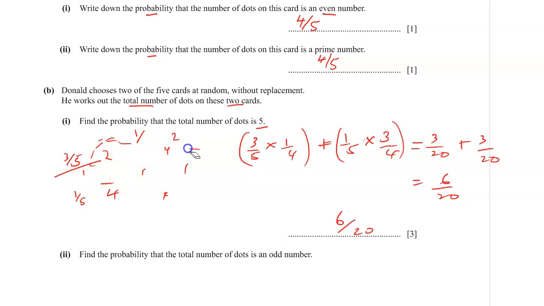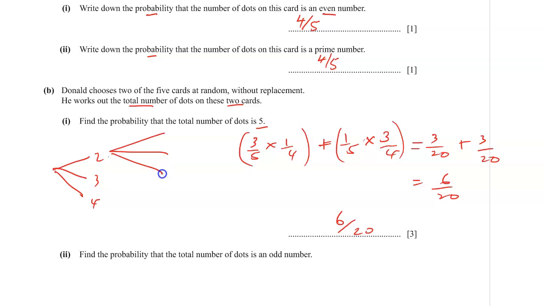I hope this is clear. You can draw it much clearer if you so wish. So we have that, we have that. This is 2, 3, 4. Then for 2 we have this, we have that, and we have that. The probability of picking this will be 3 over 5. Probability of picking this is 1 over 5. Then we need 2, 3, 4. We need a sum of 5. So if he picks 2, he needs to pick 3 to make 5.